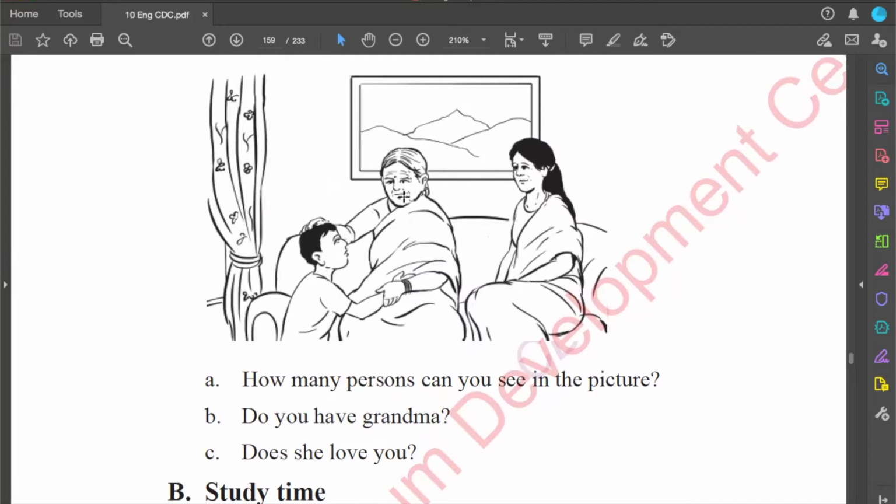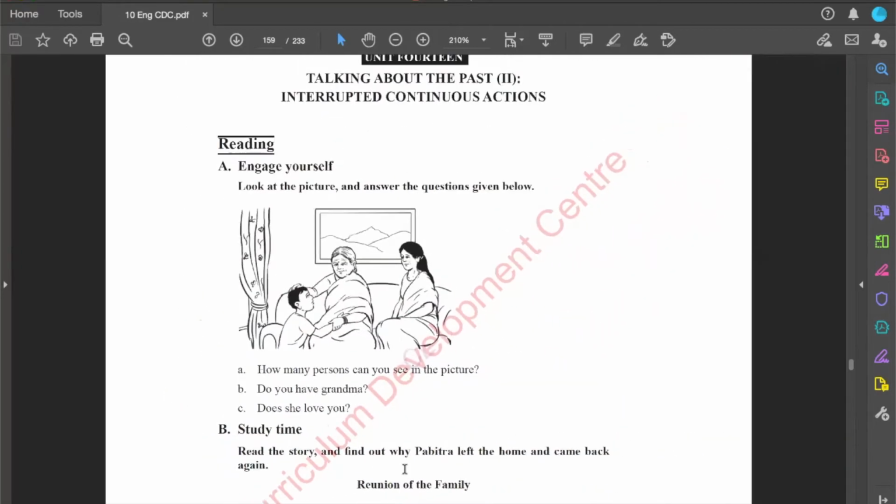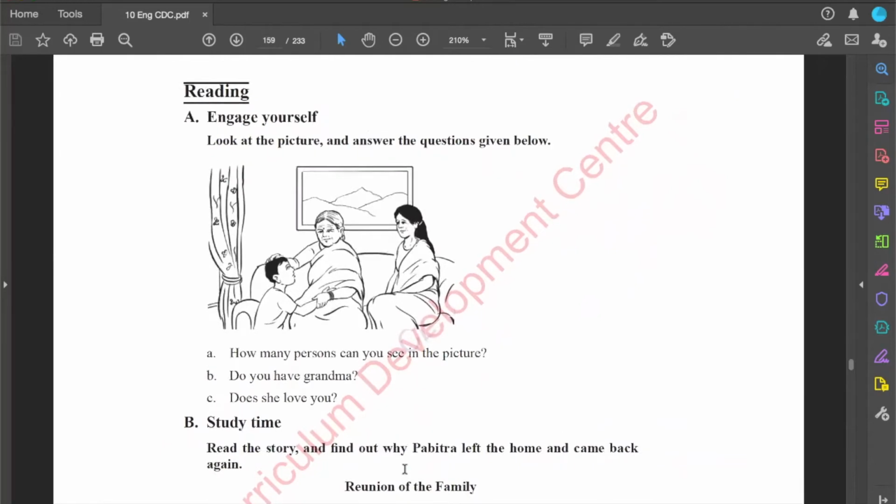Then these questions can be related to the story which is about to come. Do you have a grandma? Maybe we can guess our upcoming story is about grandma, love and care. This space I have taken from the Curriculum Development Center e-library.